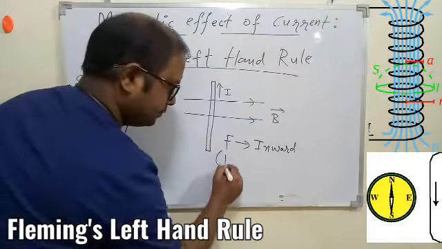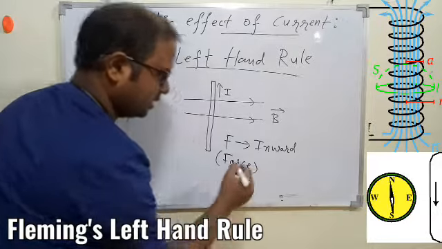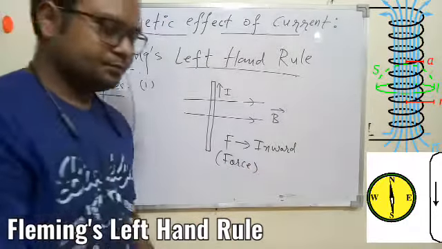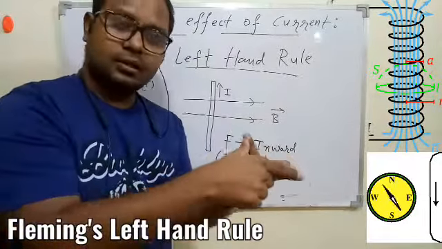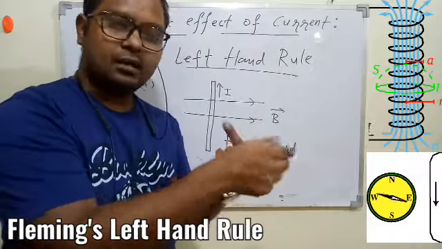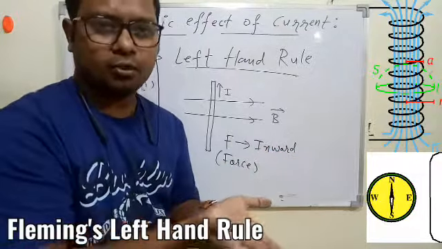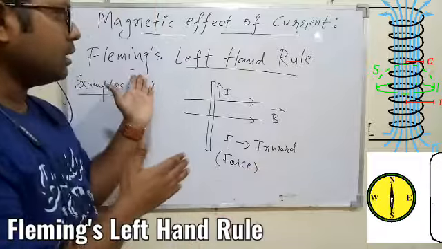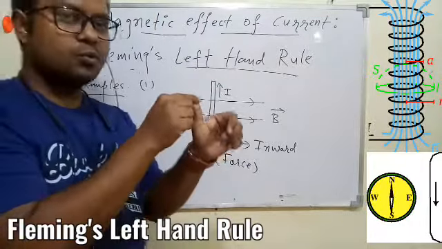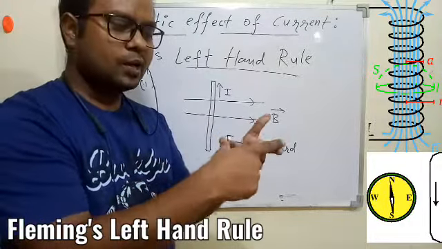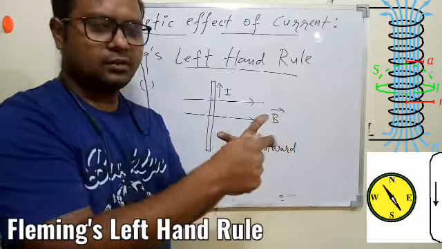Okay, F for force. I am repeating again. We have to adjust these two fingers along the direction of current and the field. Automatically thumb will come in a particular direction, that will give the direction of force, because this rule is to identify the direction of force. So we are not going to adjust the thumb, we are going to adjust the two, that is current and the field.